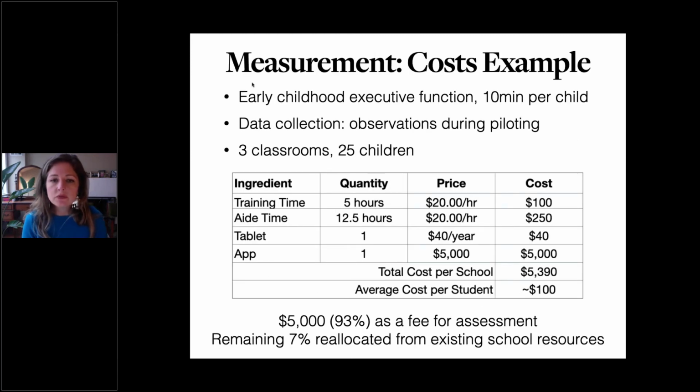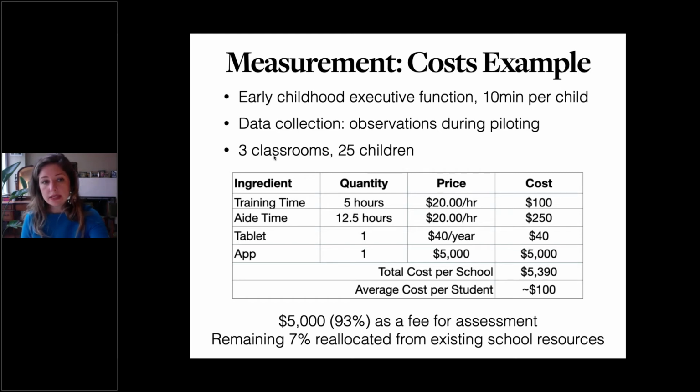Here's a really quick example of what this might look like at the end. So let's say an early childhood executive function measurement tool. Let's say it takes 10 minutes per child. We're going to do this with 3 classrooms and 25 children, and it's delivered by an aide. As you can see in the table, I apologize, my mouse is totally not showing up, so I can't point for you, but if you just look at the table, the aide would have some training time, and then the aide would have time to deliver the assessment across the 3 classrooms.